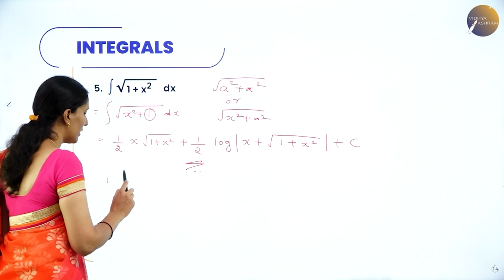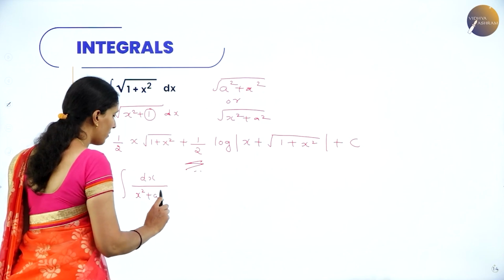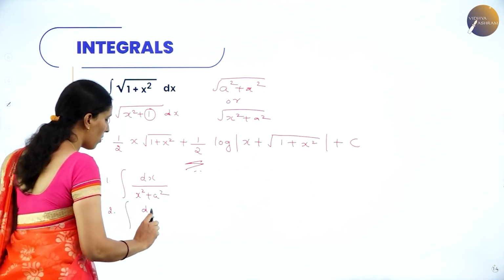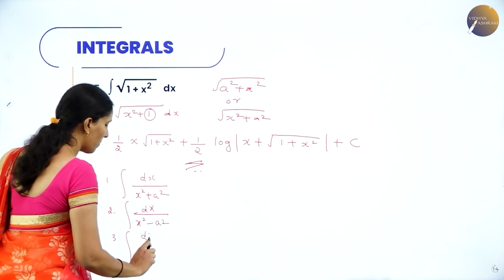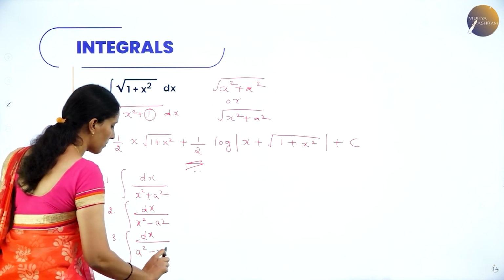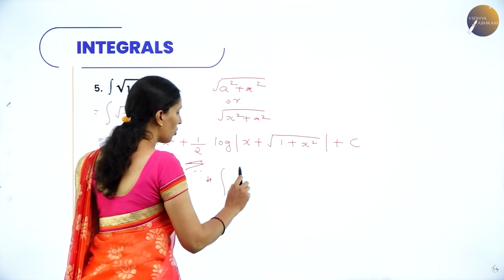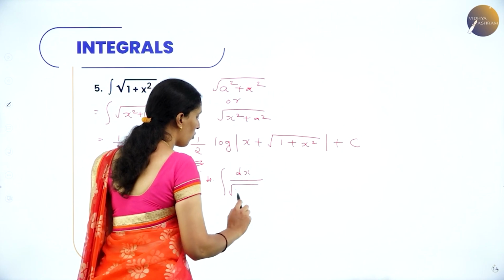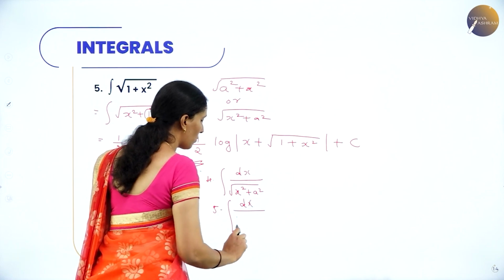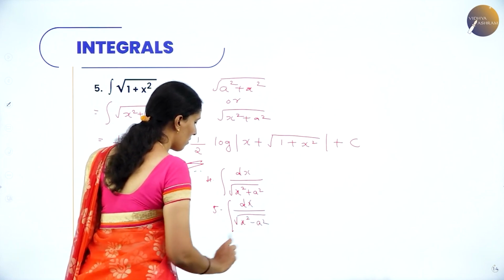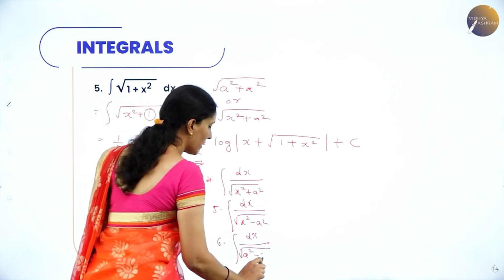The first one is, they may ask you to prove integral of the form root of x square plus a square, or integral of the form root of x square minus a square, or integral of the form root of a square minus x square. So these are the 3 forms, and another thing is integral of dx divided by root of x square plus a square, or integral of dx divided by root of x square minus a square, or integral of dx divided by root of a square minus x square.